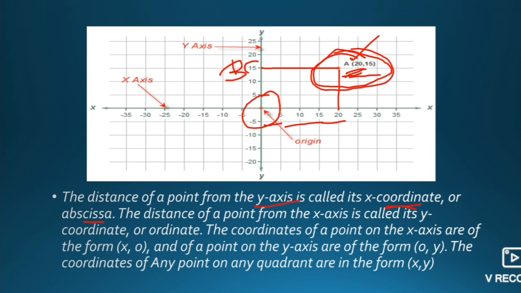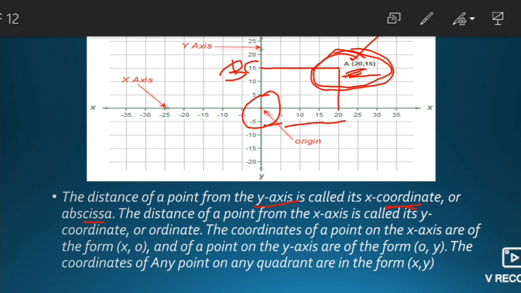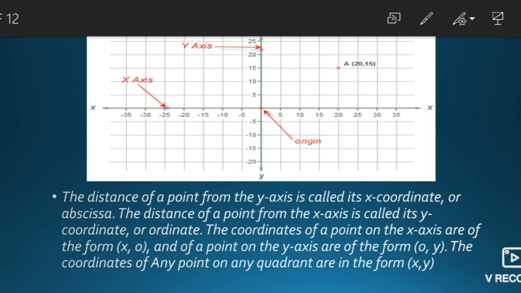Let me explain this once again. If you take this point and draw two perpendicular lines to the y-axis and x-axis, marking them as B and C, then the distance of point A from the y-axis is 20, and the distance of point A from the x-axis is 15.